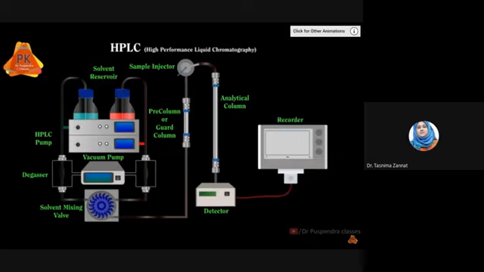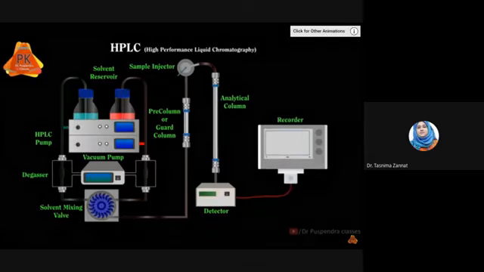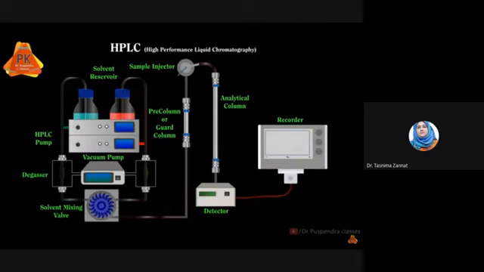Now coming to the working of this HPLC instrument. So first we will start the HPLC instrument, then all parameters will be entered by the help of available HPLC software, and these parameters are solvent ratio, flow rate, runtime, type of elution, etc. After creating the method, solvent of the mobile phase will be pumped by the HPLC pump from the solvent reservoir towards the degasser.